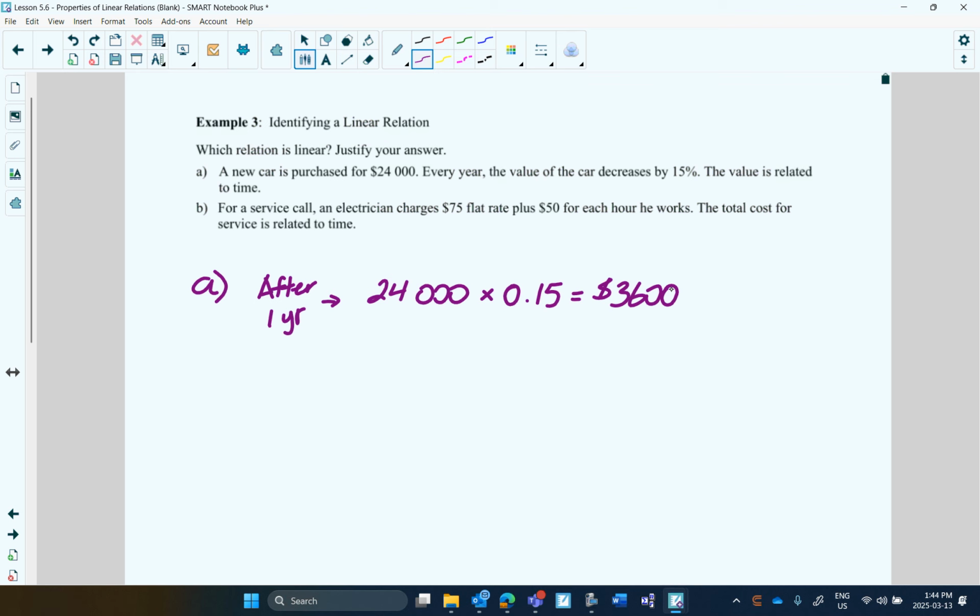How much is the car worth now after 1 year? How would you find that? 24,000 minus 3,600. So that means that the value of the car after 1 year is $20,400. And remember, new, it's $24,000.